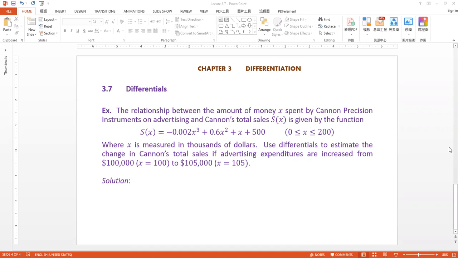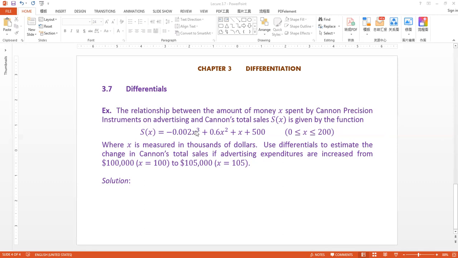It says in this example, the relationship between the amount of money expended by Canon Precision Instruments advertising and Canon's total sales S of X is given by the function. So this function S is total sales, the number of sales, and X is the money spent.